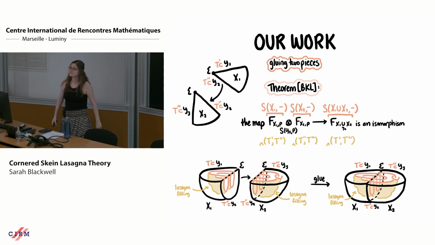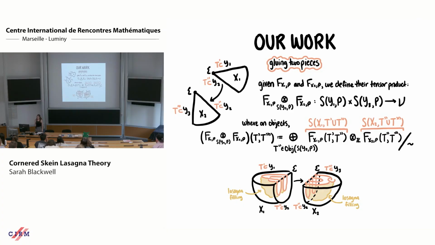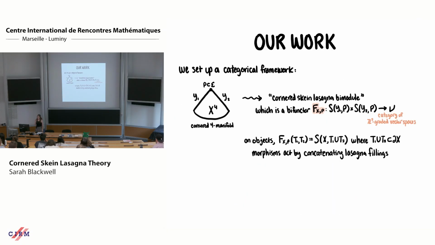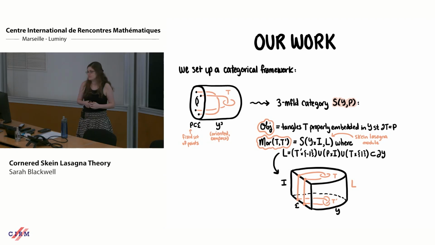Mm-hmm. Could you go back to the first definition of S of Y? I kind of lost track. Yeah, this thing right here, this page. So I'm trying to understand, suppose Y is a 3-ball, and then Y cross I is a 4-ball.